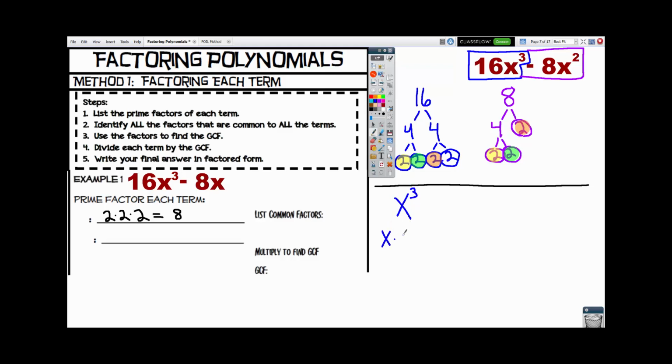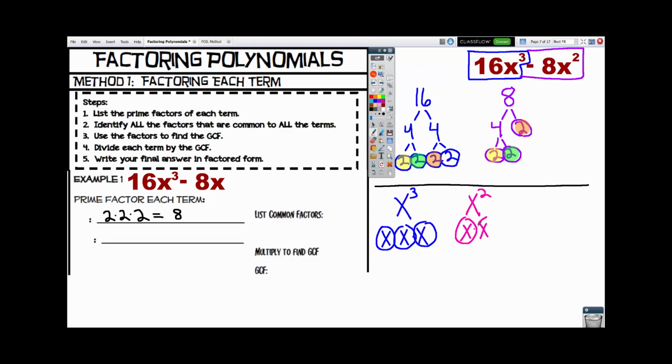So that'll be x times x times x. Okay, and if you'd like, you can put circles around them, just like we did with the 2's. And over here, we have x to the power of 2. X to the power of 2, written as prime factors, would be x times x.